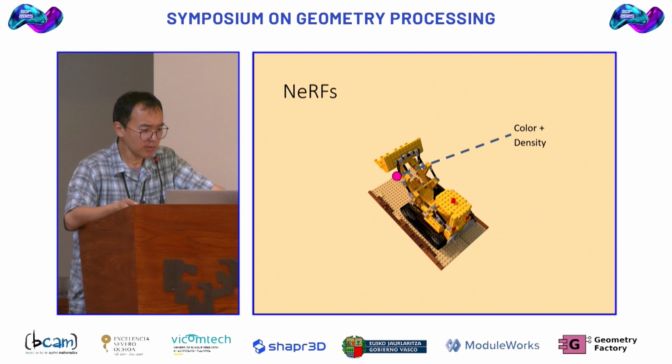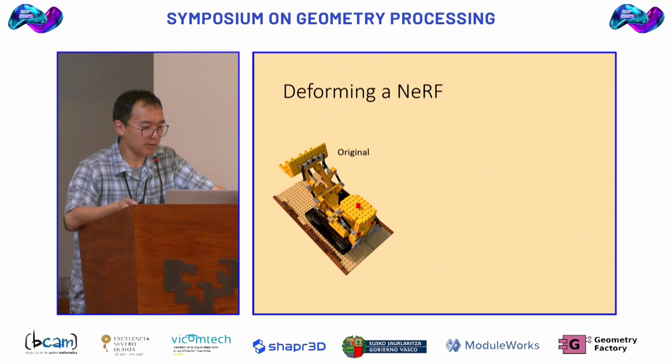Now, that is about static scenes. You have multiple images of a static scene. If you have multiple images of a deforming object, how do we come to know the NeRF?